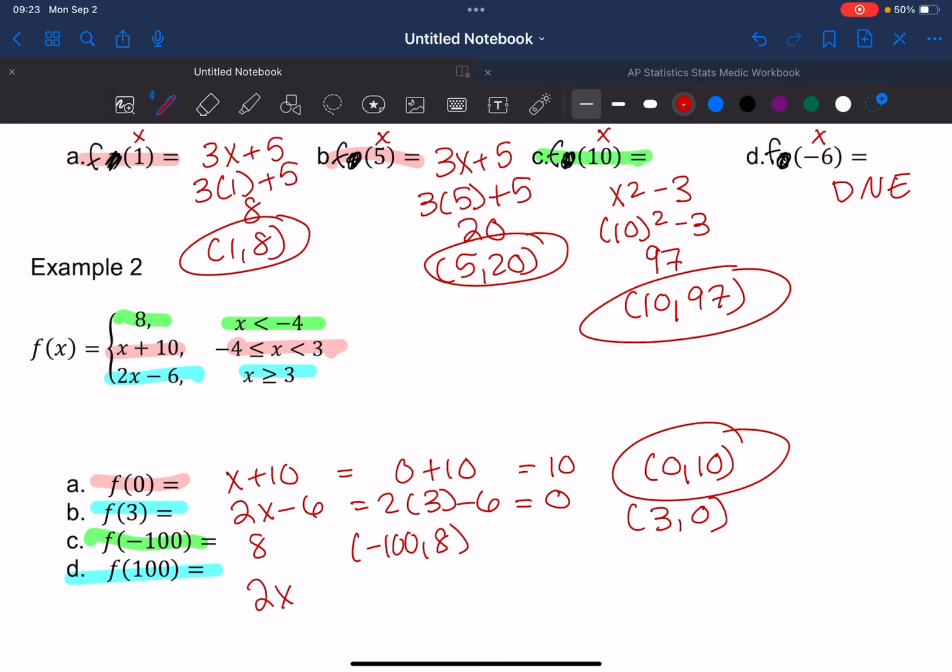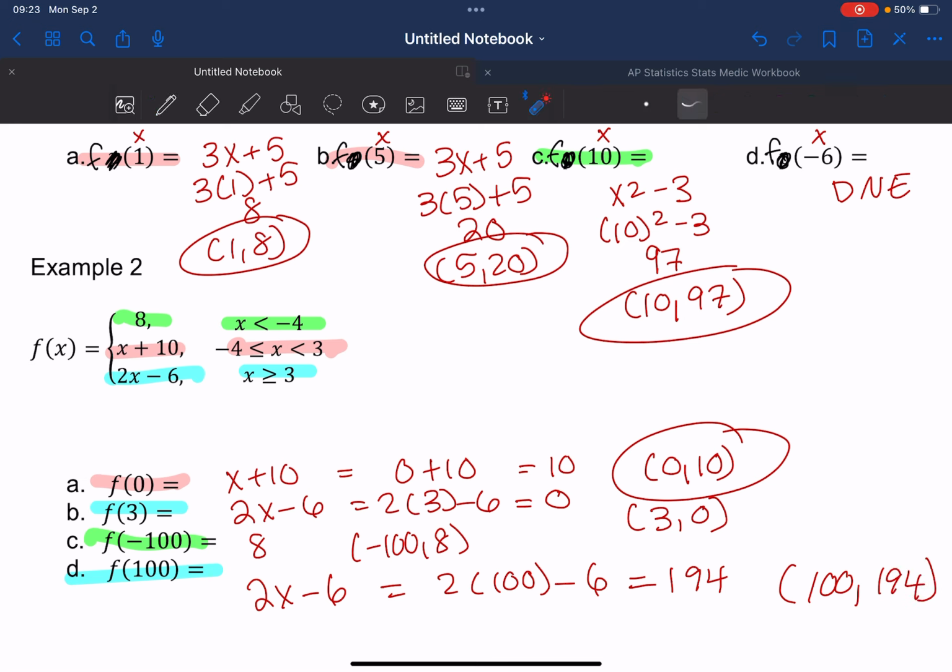So I have 2x minus 6 is equal to 2 times 100 minus 6, which is equal to 194, or the point 100, 194. Notice in my answers, I had part B and part D both use the blue expression. So that tells us that we can reuse the same expression as long as our x value falls within that domain.